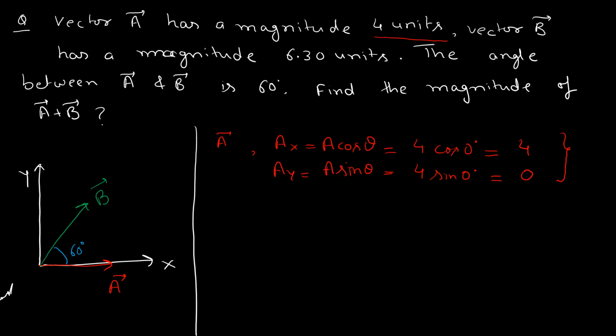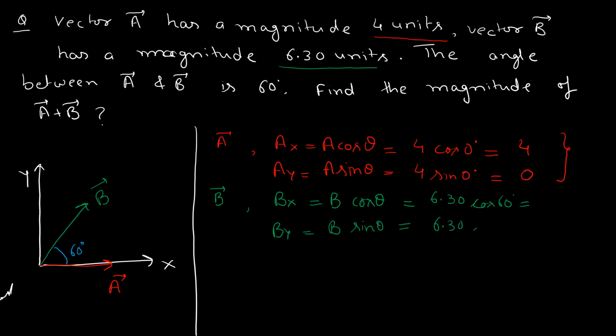Now we have our vector B. The components of B will be B_x equals B cosine theta. B has a magnitude of 6.30, so 6.30 cosine of 60 degrees, and the y component will be B_y equals B sine theta, which is 6.30 sine of 60 degrees.